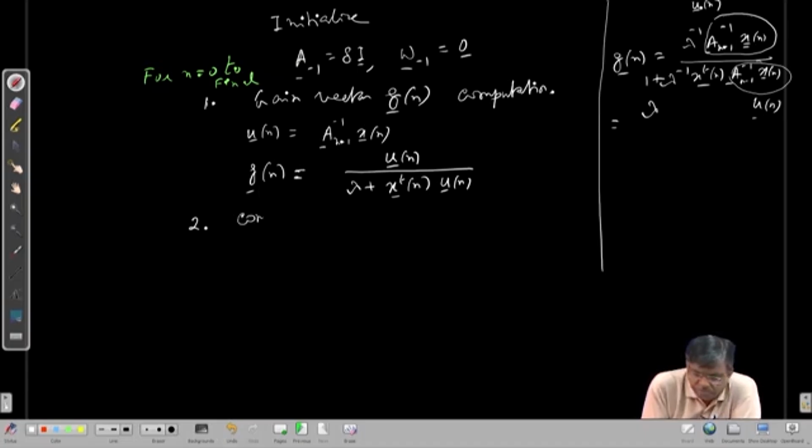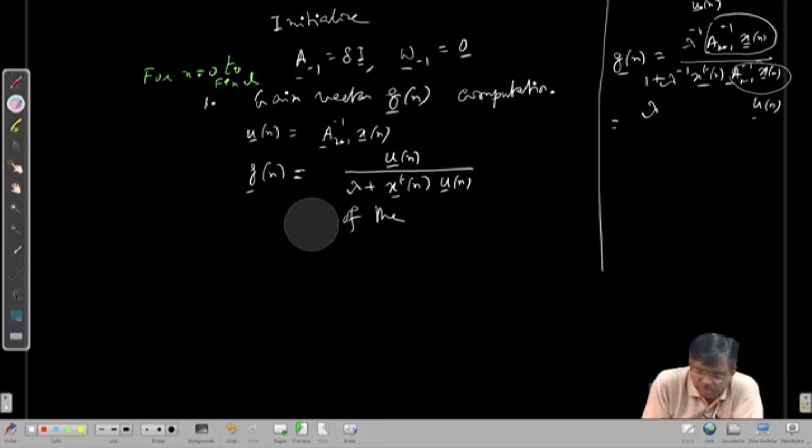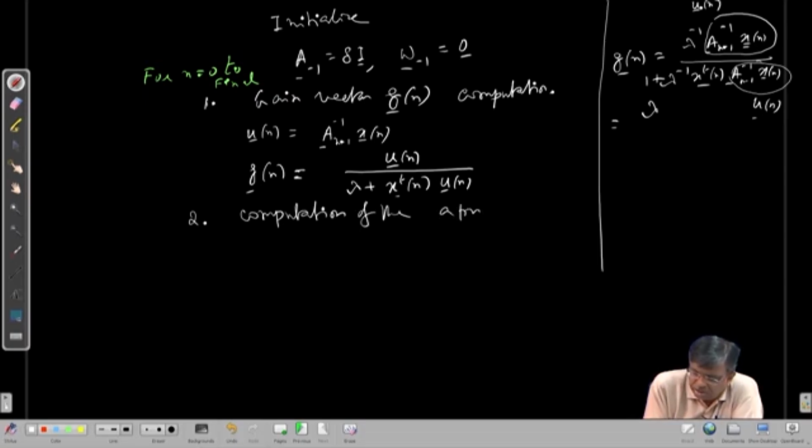Computation of the a priori error E n minus 1 n.